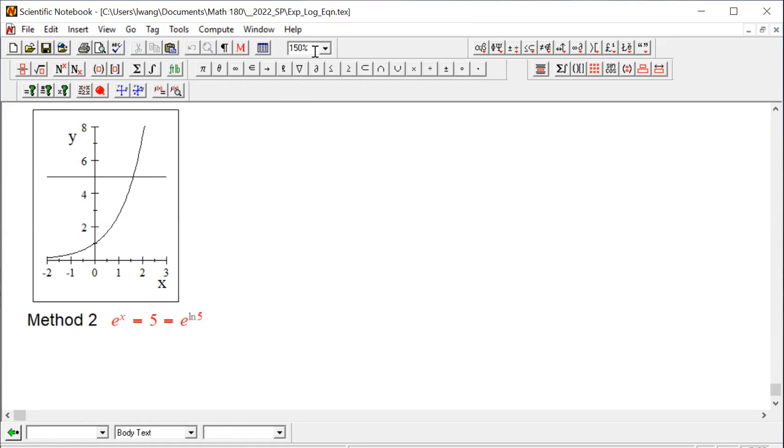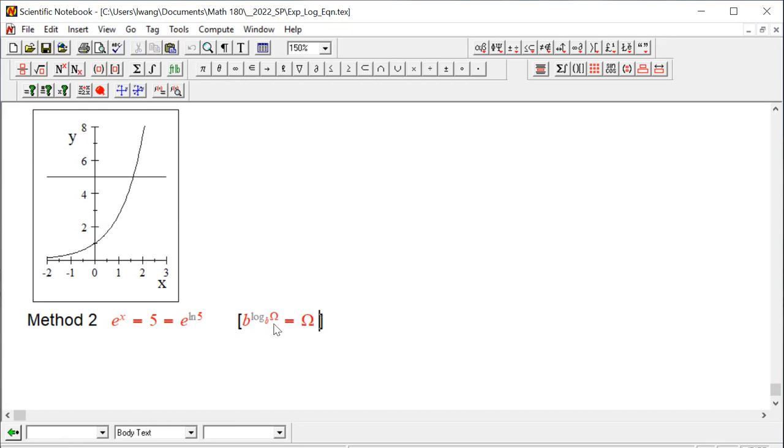So what property did we use? We used base raised to the power of log base b of omega equals omega. So our omega is 5, and we chose e as our base.